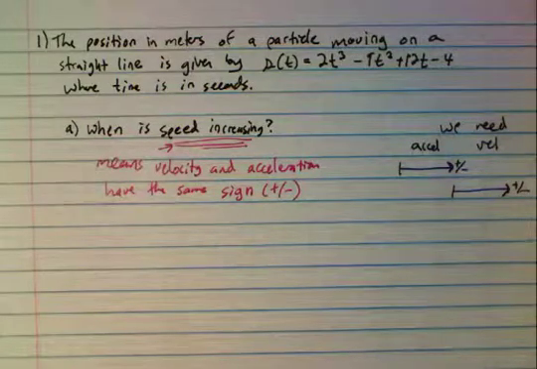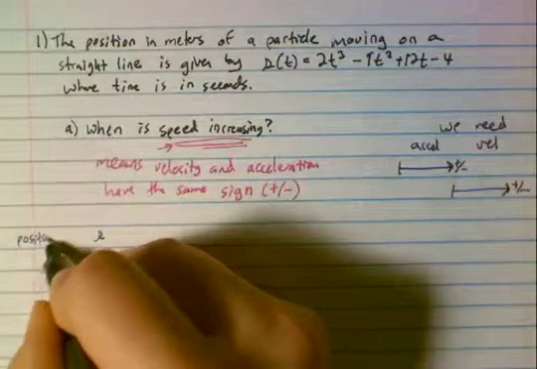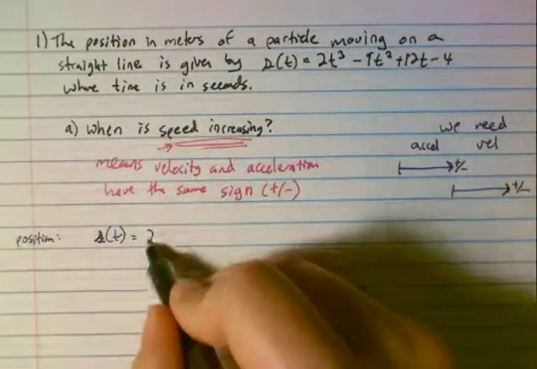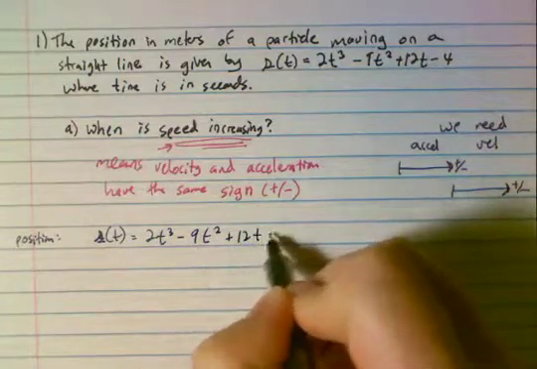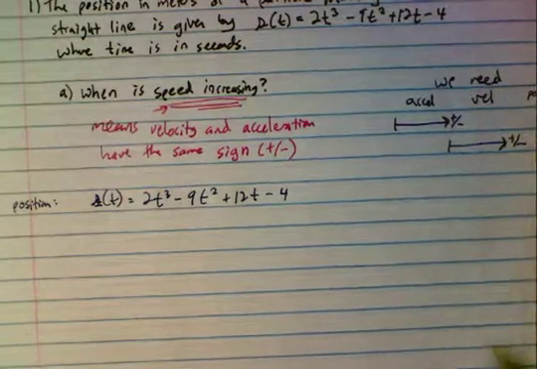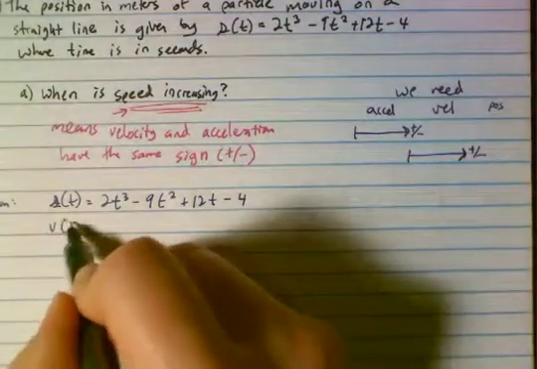Okay, so let's start with what we have. We currently have position, s of t equals 2t cubed minus 9t squared plus 12t minus 4. And we know that that's position over here. So if we take the derivative of that, we'll get velocity.